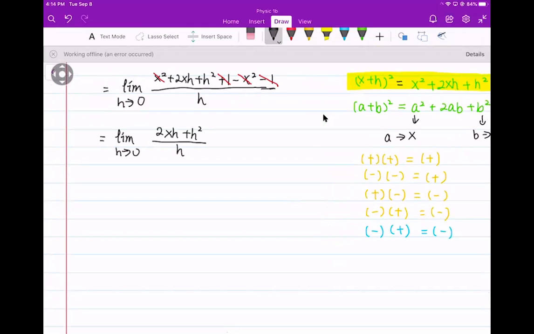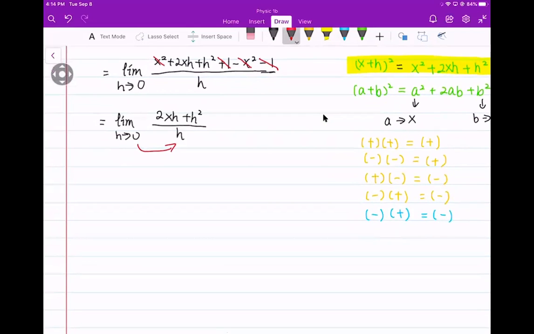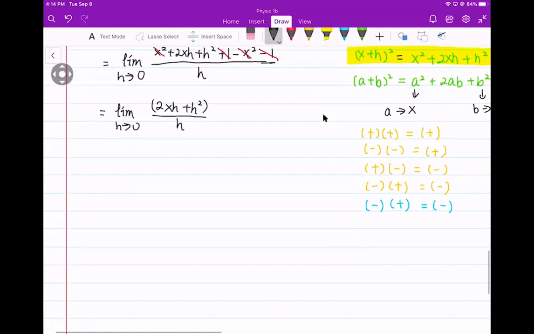Okay, so apparently we cannot just plug in h equals 0 here because the denominator cannot equal 0. So we need to cancel this denominator. We need to get rid of this. So we need to do that by factoring the expression on the top. So how do we factor?